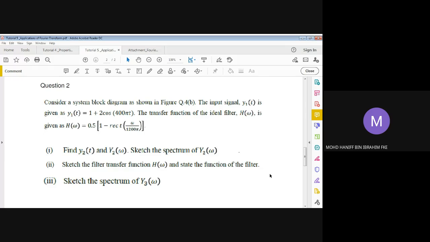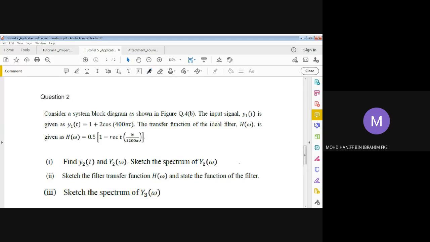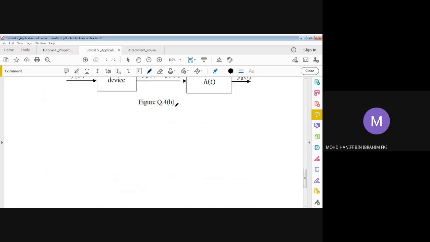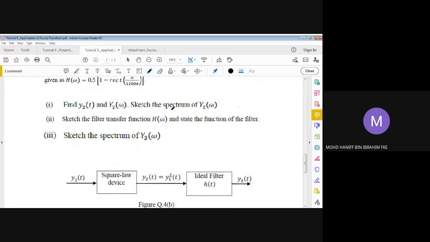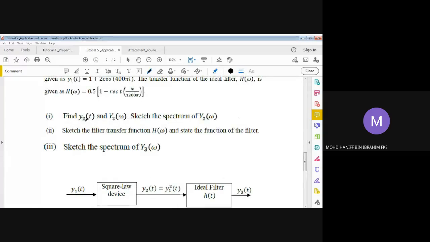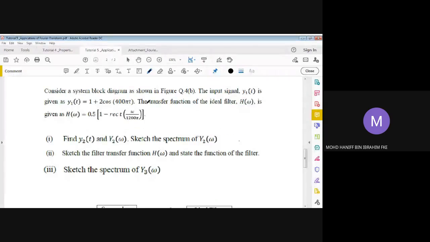Right, so let's have a look at these problems. You are given y1(t) here. The question is to find y2(t) and then find Y2(omega). So y2(t) is basically the square of y1(t), and y1(t) is given here.